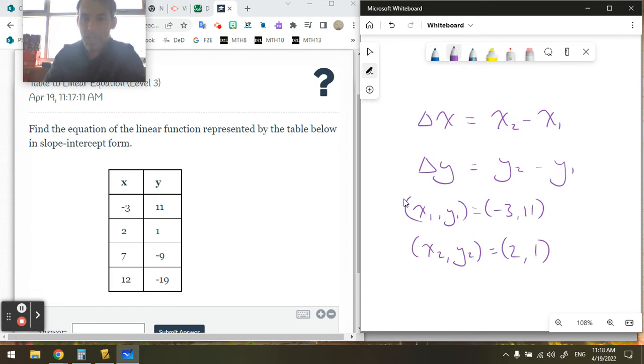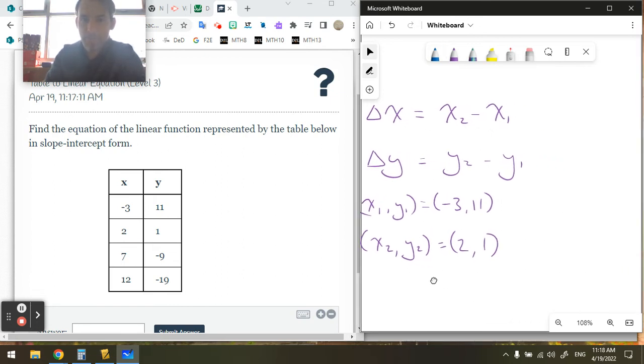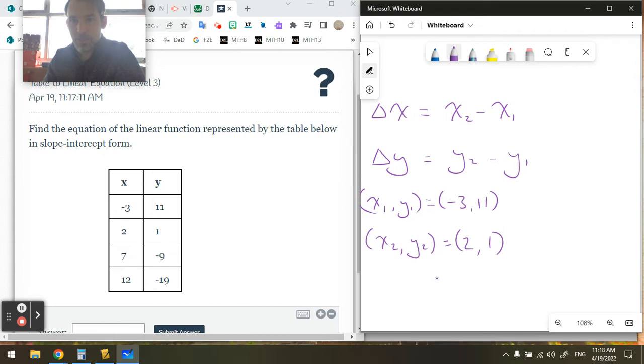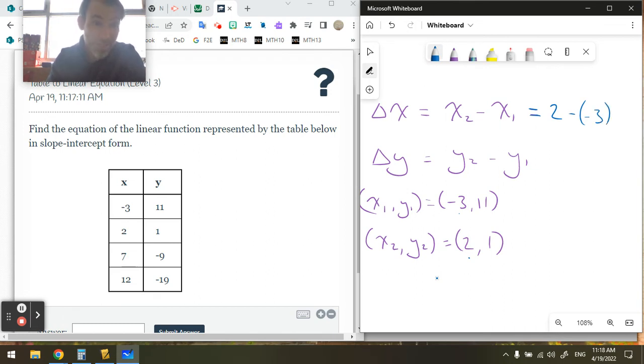So let's find change in x and change in y. Change in x is equal to x2 minus x1. So that's equal to, let's do this in blue, x2 is 2, so 2 minus minus 3. 2 minus minus 3 is the same thing as 2 plus 3. Minus and minus is plus. So that's equal to 5, like I was saying. And then what does y do? Well, y2 is 1 minus 11.